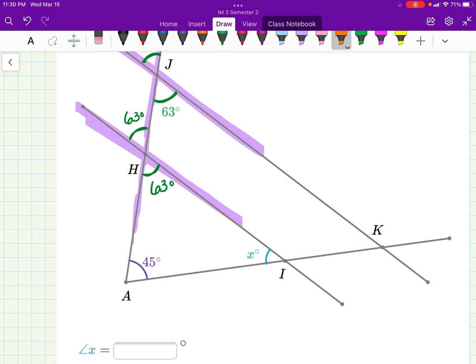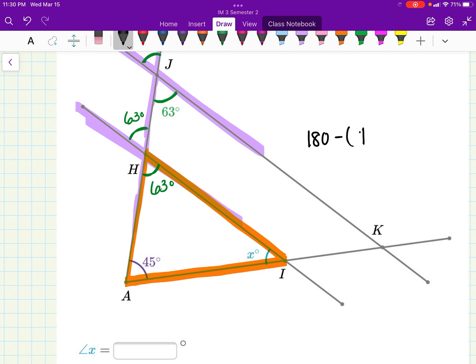Now, once again, we mentioned that if we're working with the triangle, the sum of the angles adds up to 180 degrees. So if we want to find X, we are going to do 180 minus 45 degrees plus 63 degrees.